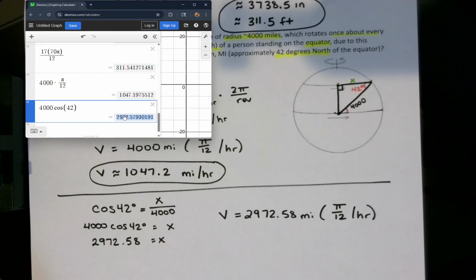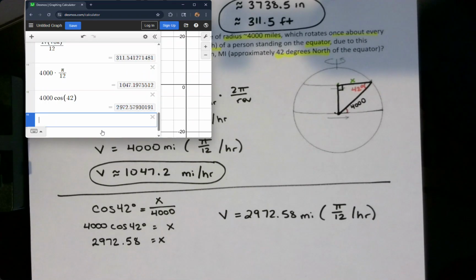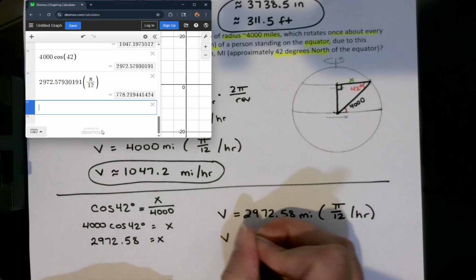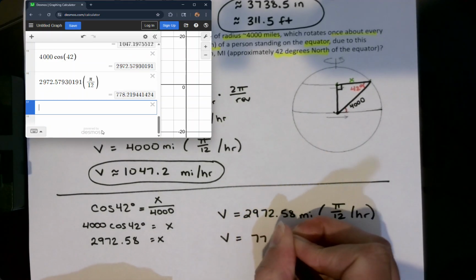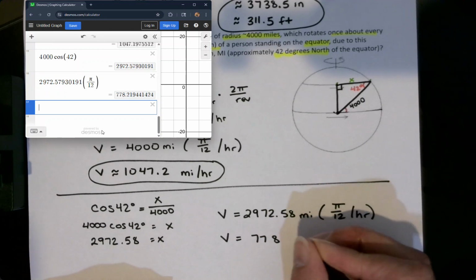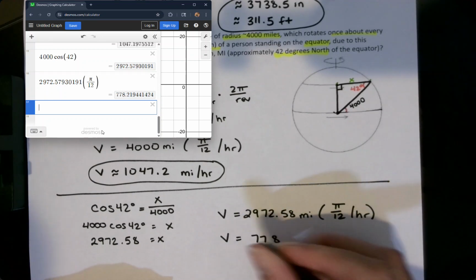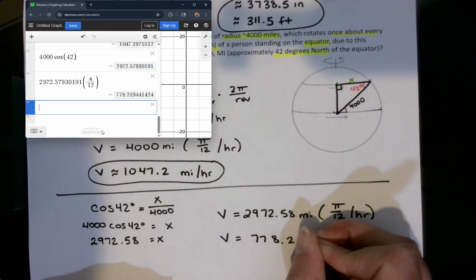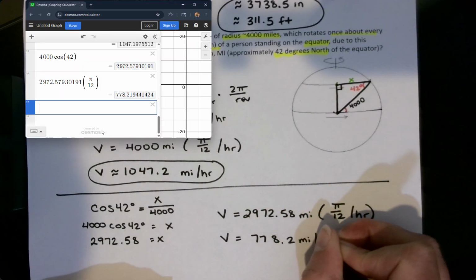I'm going to just copy this number, and we're going to multiply that by pi 12ths. And it's going to get us a number of 778.2 miles per hour.